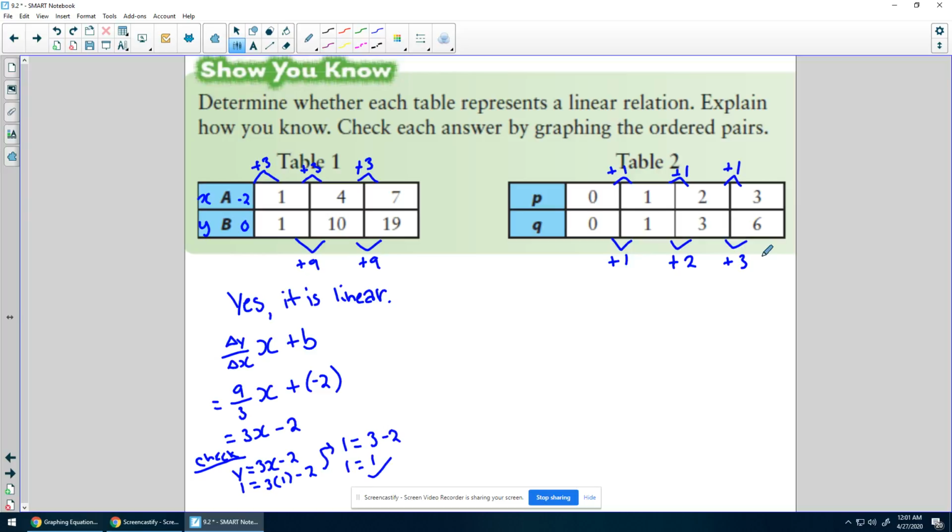No. Why not? Because we are not going up consistently by the same amount in the table. So no, it is not linear. All right.